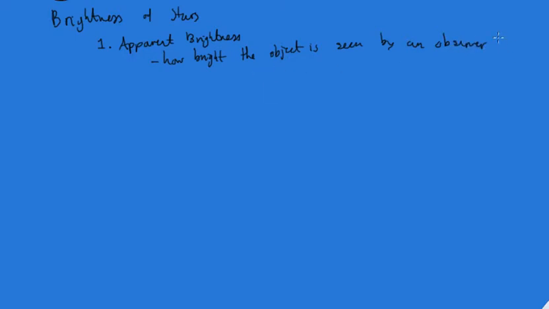And this varies by two factors. One, the amount of energy the star radiates per second. We call this measurement the luminosity of the star.